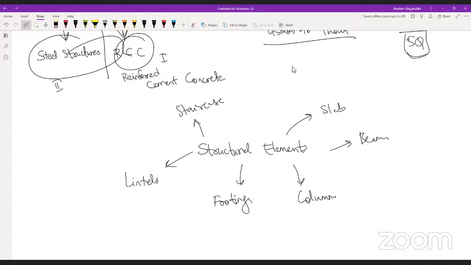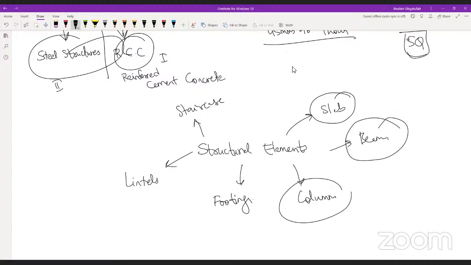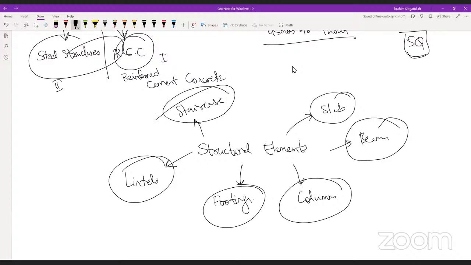These are the different structural elements that exist before us. And in DOS 1, we will be learning how to design a slab, how to design a beam, how to design a column, footings, lintels, and staircase.